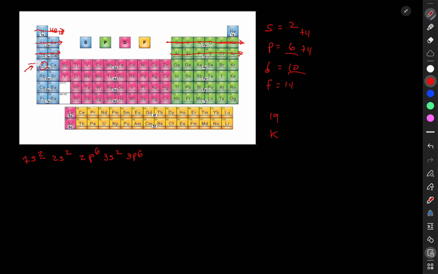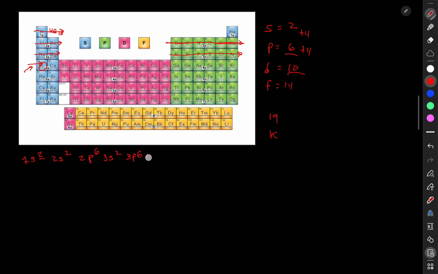And then we hit our desired element, we hit 4s, but we're only in this part. We're not filling up the whole block. So this is just 1. So this is the electron configuration of potassium. Let's try another one.